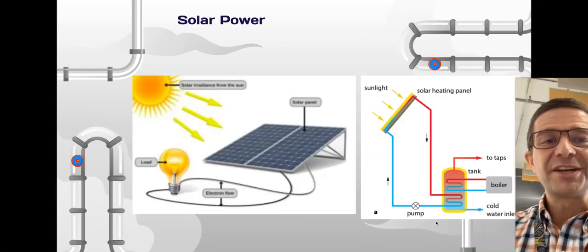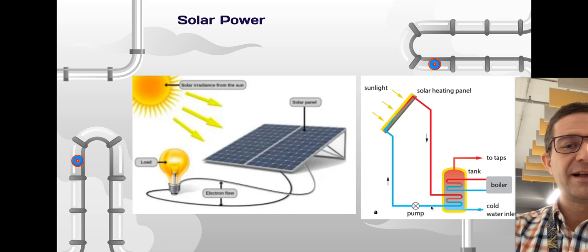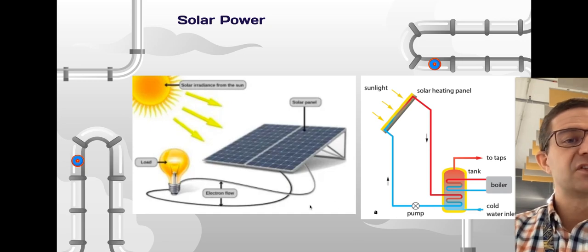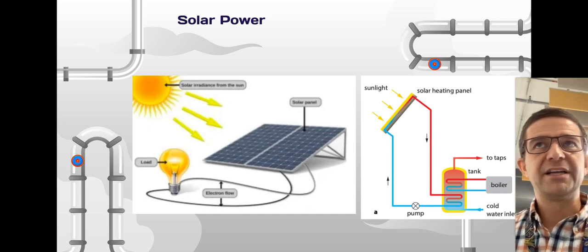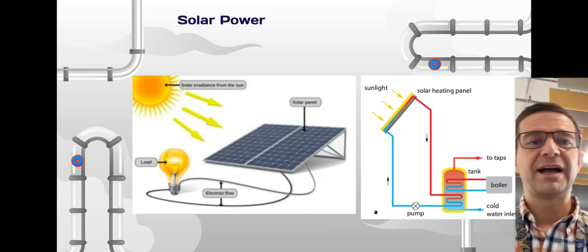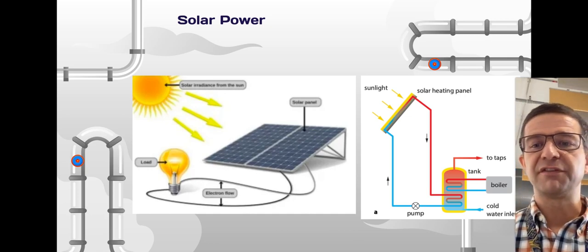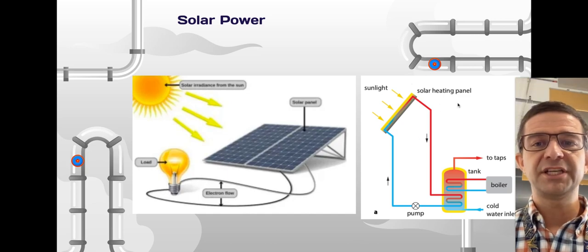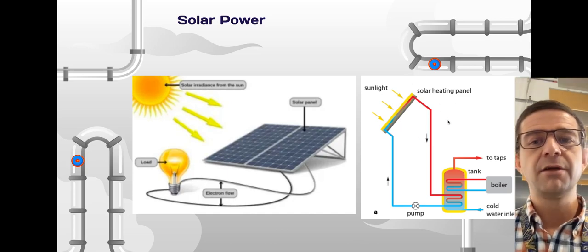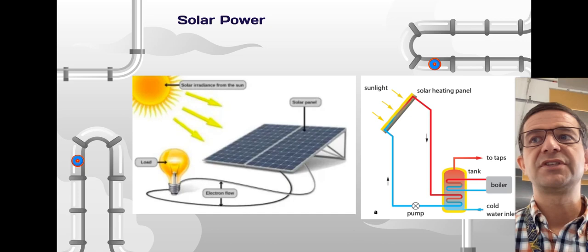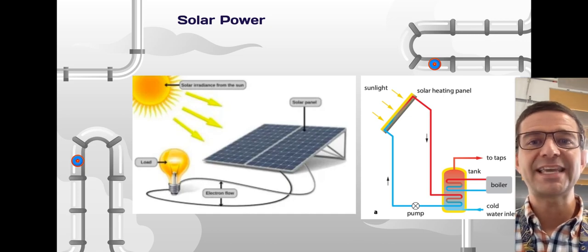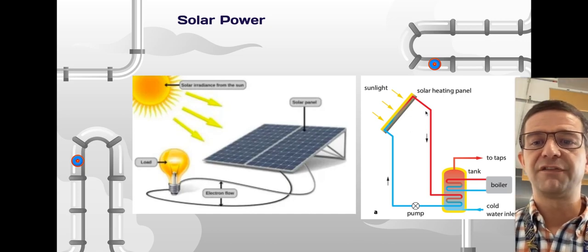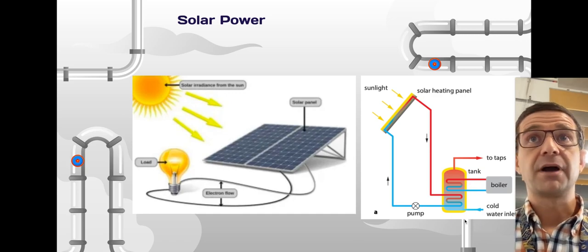Moving on to the much greener renewable energies, we have solar power. Solar power generally is thought of in two different forms. You have solar thermal energy, illustrated here on the right, where sunlight is used to directly heat some sort of liquid that is pumped through and used as a boiler.